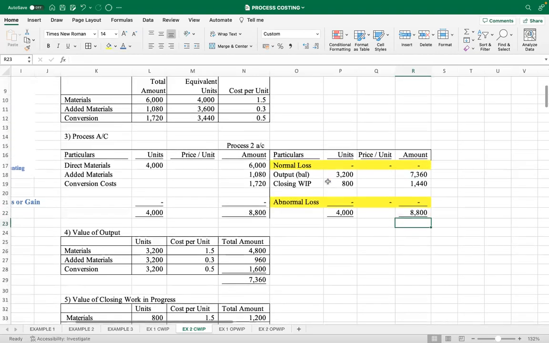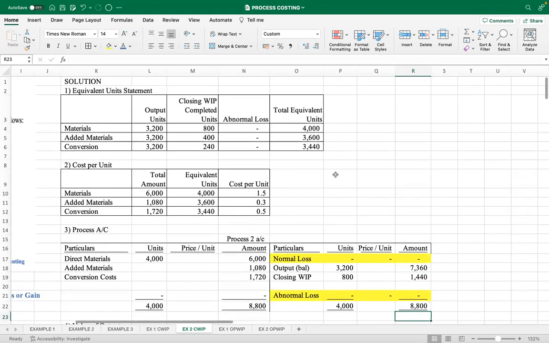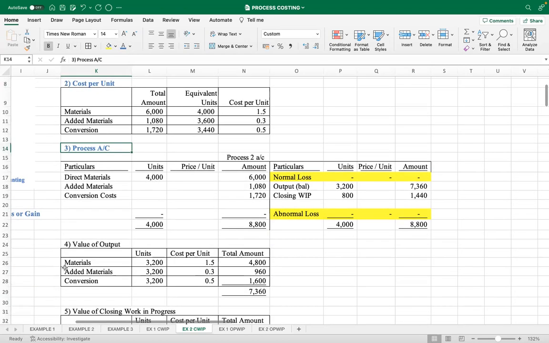So that's how we prepare process accounts with only closing work in progress. So if you've been given only closing work in progress, that is what you need to do.